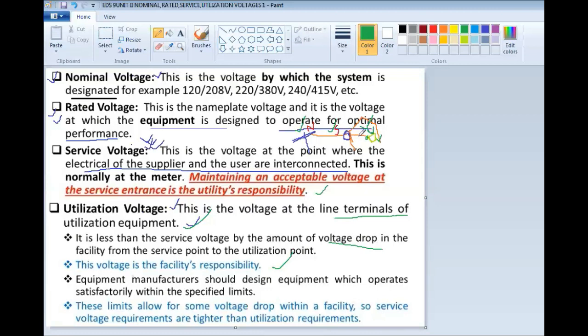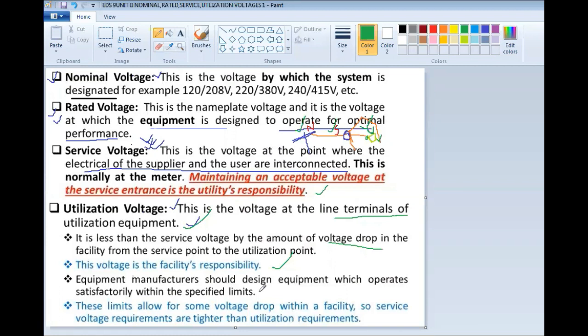But after that, you have to look after your voltage without much voltage drop. The equipment manufacturers should design equipment which operates satisfactorily within the specified limits. So it should not be rigid to the rated voltage, but should operate satisfactorily between the prescribed limits.